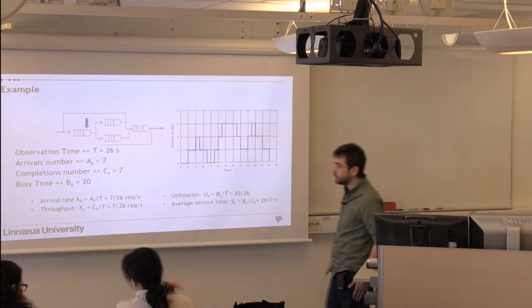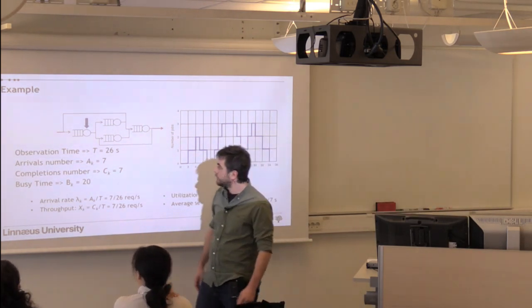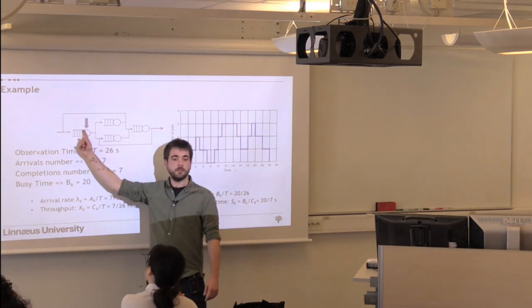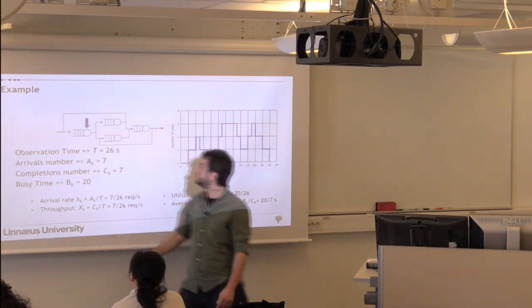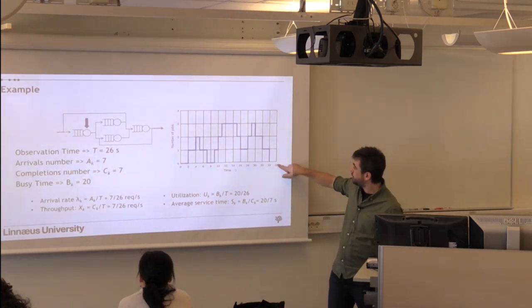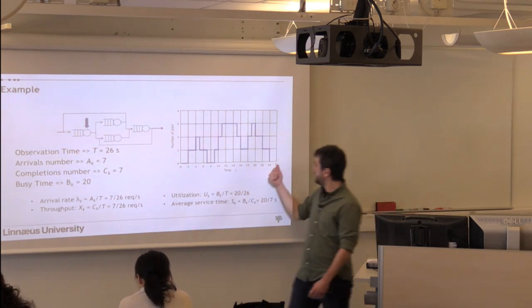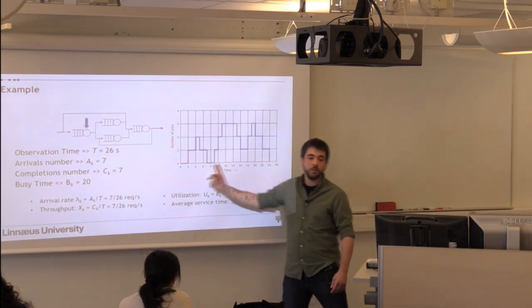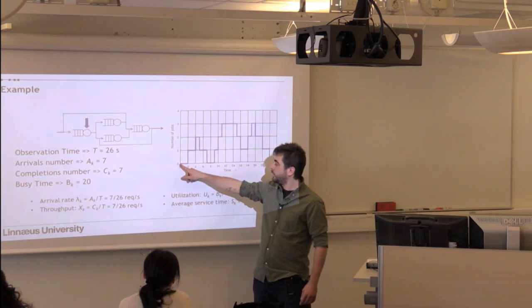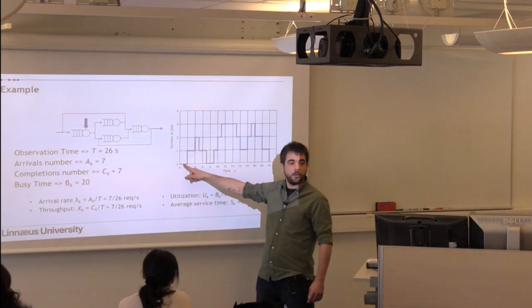So an example of this. We have the same system as before, and we are observing this center. We have been looking at the system for 26 seconds, from 0 to 26. And we have seen that during the first second, nothing happened.